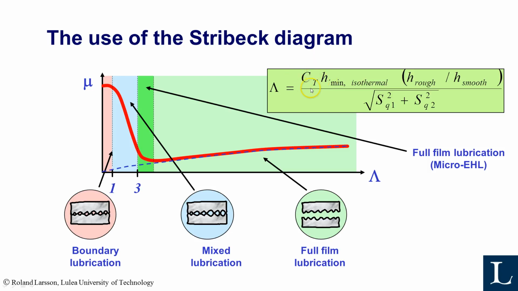You correct it for temperature effect with a CT, and finally you correct it for the roughness effect by this factor, which you take from the diagram in the previous slide, and you divide it by the surface roughness height. In this way, you probably get a better measure of the film parameter. And maybe these boundaries 1 and 3 for mixed and full film lubrication are pretty good boundary values then.